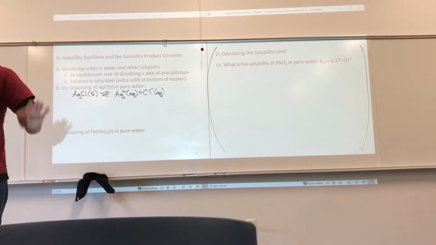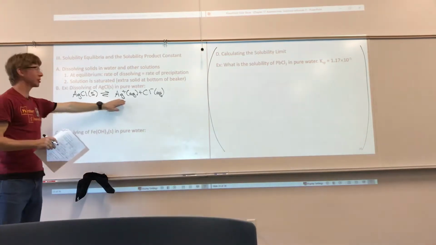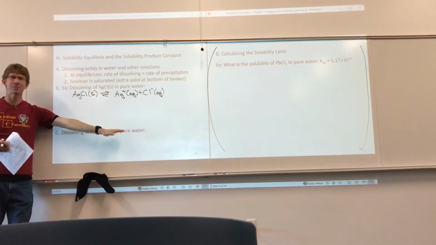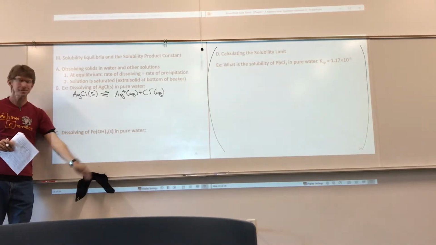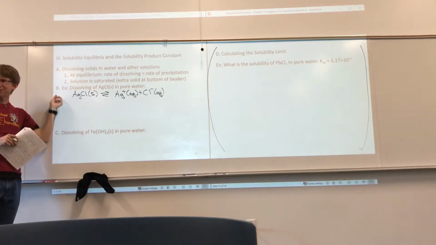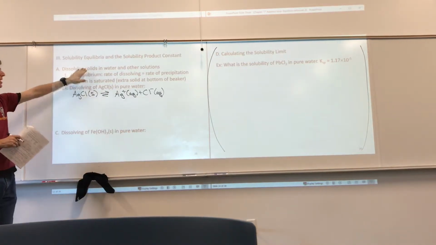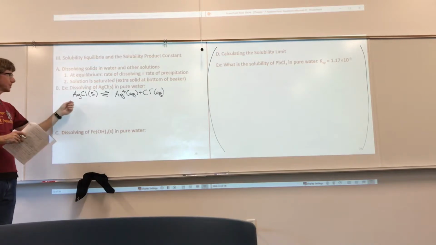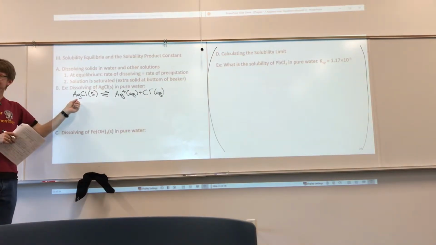So we didn't even consider this. We just said silver chloride insoluble, forget about it until now. Okay? But that's all it is. They're all dissolving reactions. And for solubility products, they will all be ionic compounds.